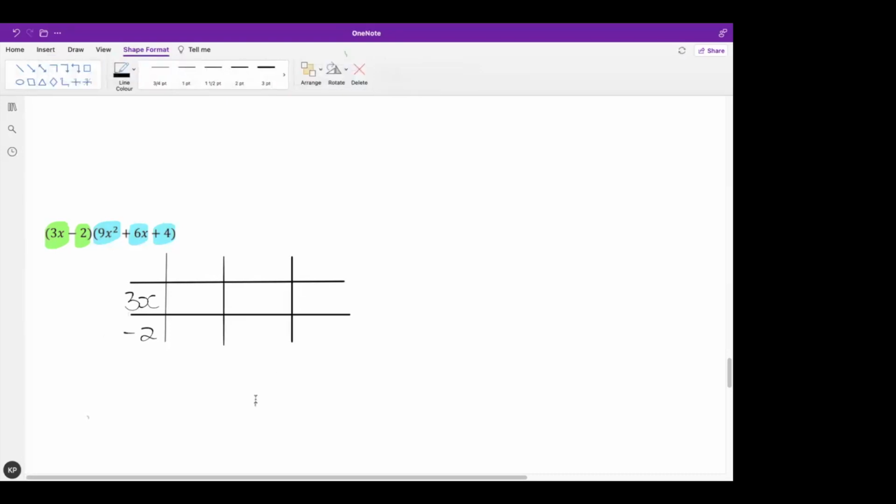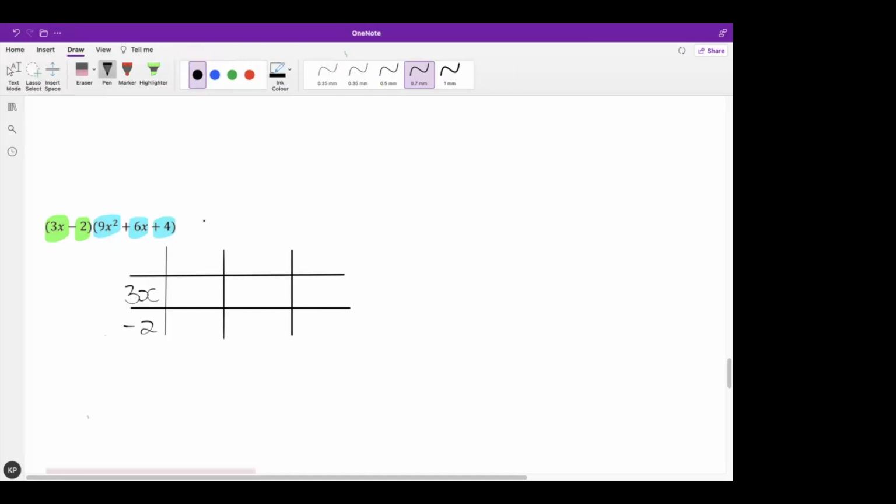That's better. Okay. So my first term for my bracket is 9x squared. And then I have a positive 6x and I have a positive 4. Now, this is why this method is so useful. We're just going to fill in the blocks here where everything crosses.